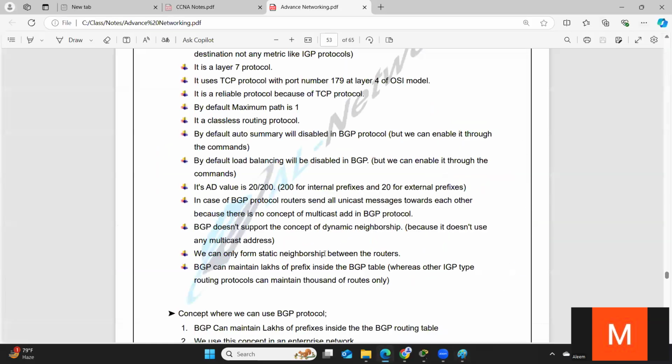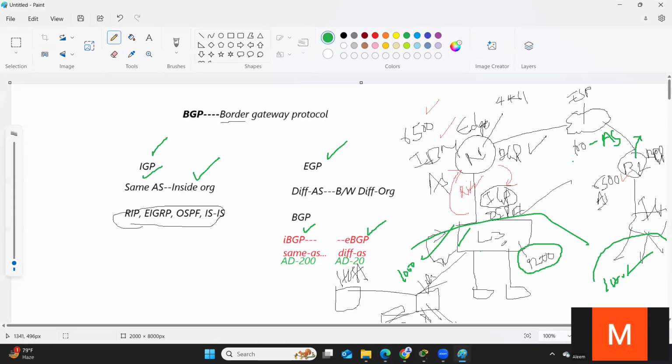But if you are using a Catalyst 3650 and configure BGP, then over the WAN lakhs of prefixes are coming into this router.